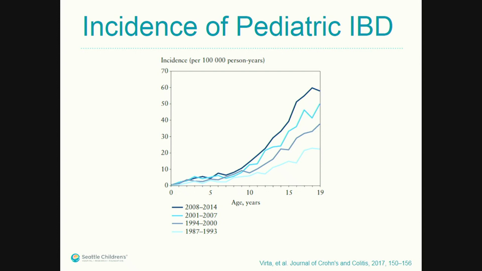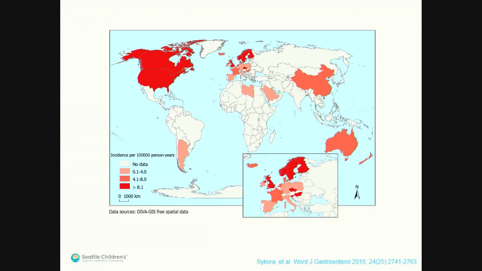And we see that here at Seattle Children's. I started here about 15 years ago, and the amount of IBD we saw then as compared to now has dramatically increased as well. And it's not only in areas such as North America or Europe, which are the areas that have really been focused with inflammatory bowel disease, but it's areas that we once did not see or hear about IBD.